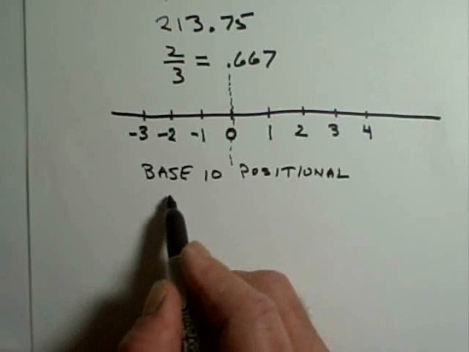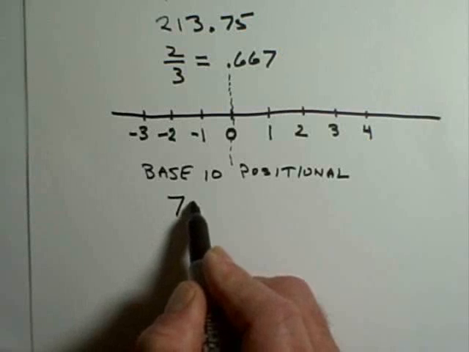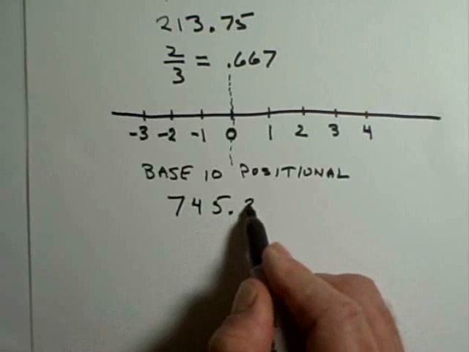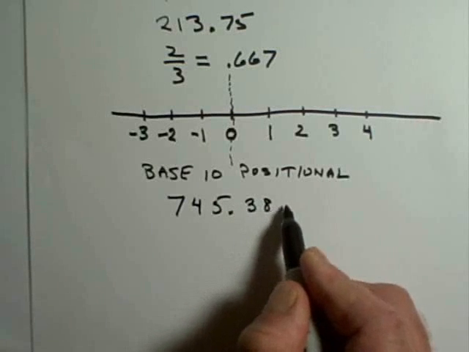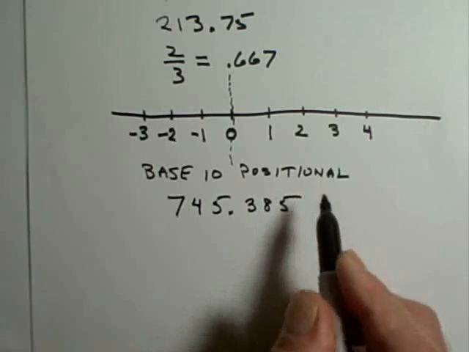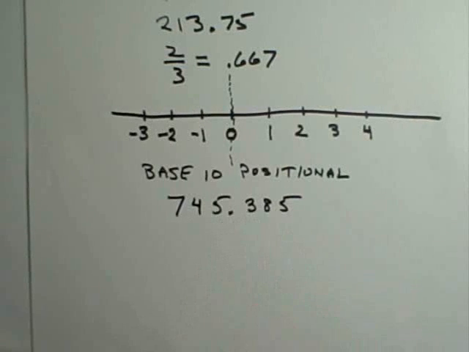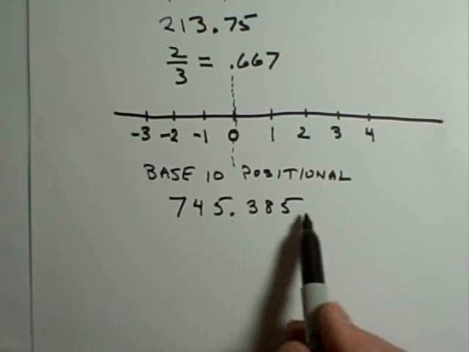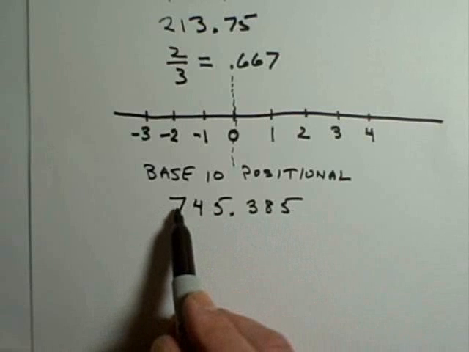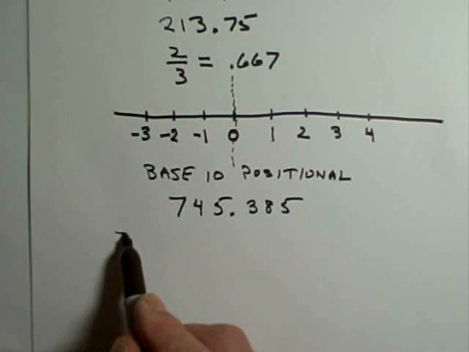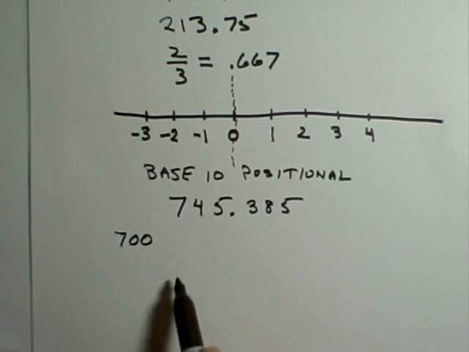Most of you already have some mathematical training, and so I don't expect that this is going to be new information. But this is an example of a real number, 745.385. Now, what this means, based on the base 10 positional system, is that this 7 stands for 700. So you have 7 times 100, or 700.